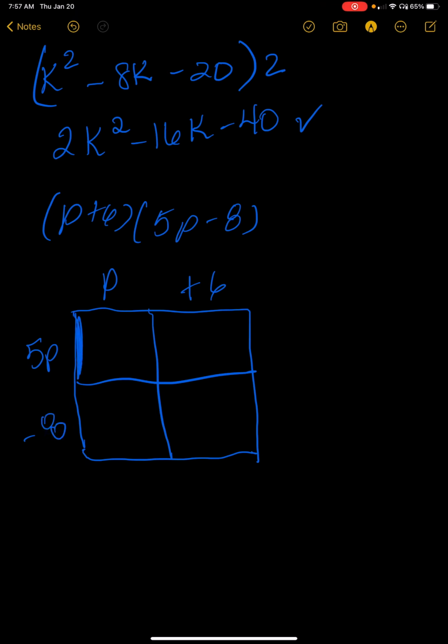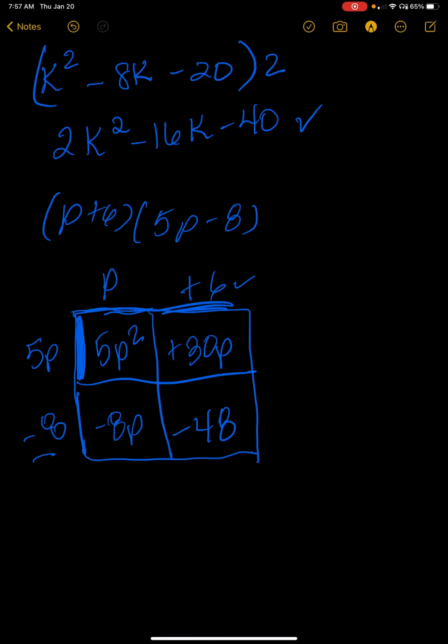So we're going to multiply 5p times p, which is 5p squared. 5p times a positive 6 is a positive 30p. P times a negative 8, negative 8p. And then negative 8 times a positive 6 is a negative 48.